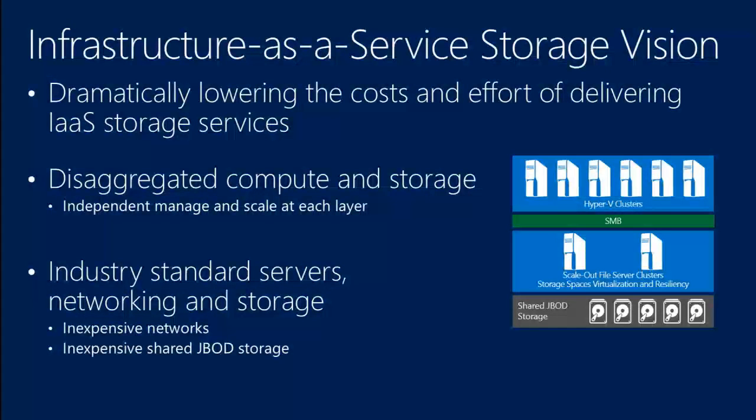And then on the back end of the scale-out file server, we have block storage. Our vision is around enabling low-cost commodity storage on the back end as well. So we're enabling Storage Spaces to take cheap commodity JBOD storage and create resilient storage out of it, and then we have very compelling storage features, and we'll talk about those at the end.